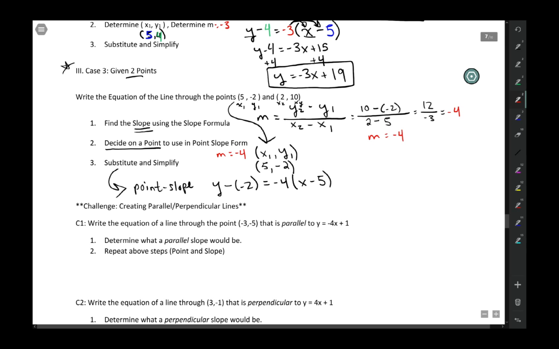Again, our slope, x sub 1 and y sub 1. The y sub 1, sorry, and x sub 1. Simplify, being careful. So this is y plus 2 equals -4x plus 20.